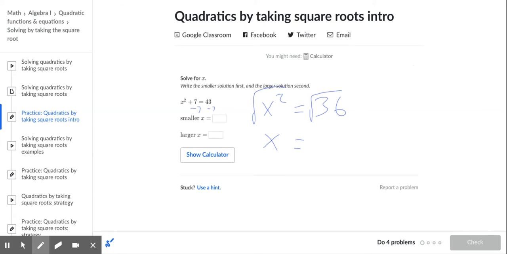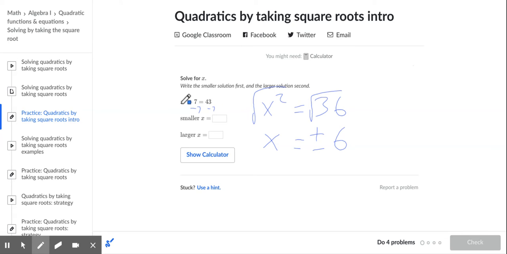But on this side, remember from the last video, I have to say this is plus or minus, and then the square root of 36 is 6, right? Because 6 times 6 is 36, but negative 6 times negative 6 is also 36. So I can't just say it's 6. It's either positive 6 or negative 6. Both of them will work to solve this problem.